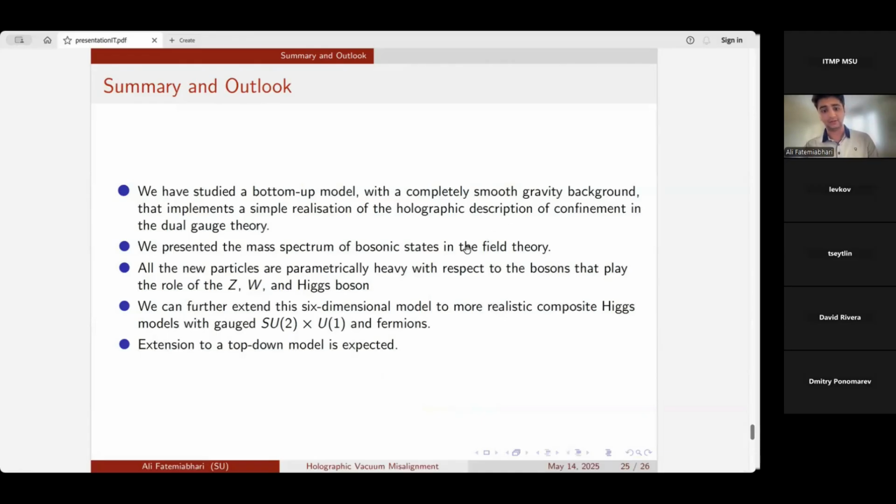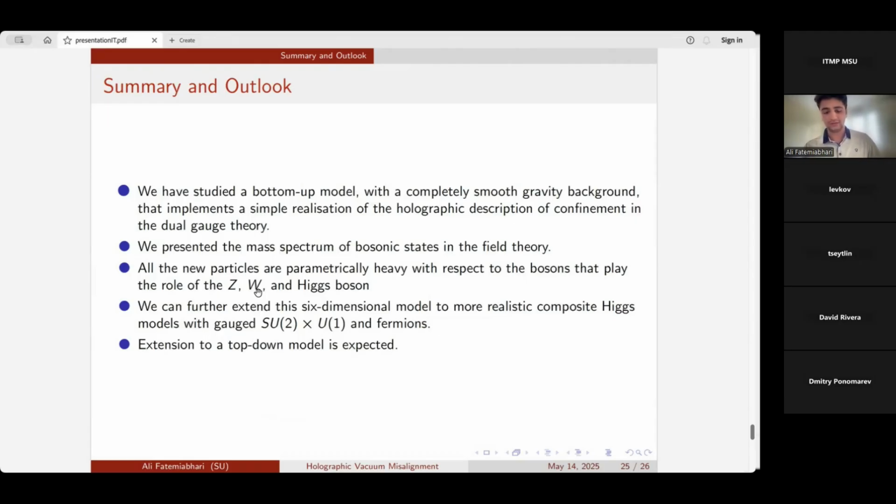And we treated both the strongly coupled regime of the field theory and the weakly coupled regime of the field theory inside the gravity without any pathologies. And the Higgs boson and the would-be Z and W masses were more or less at the desired ratios.